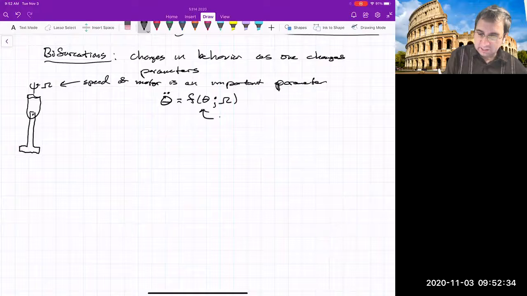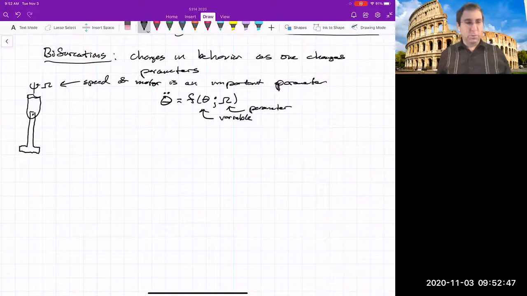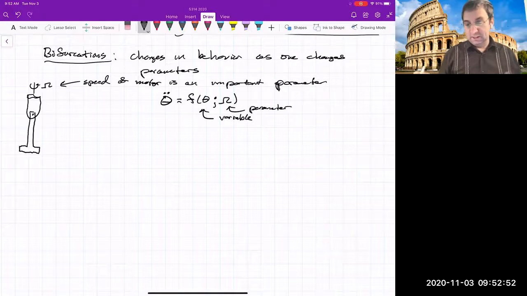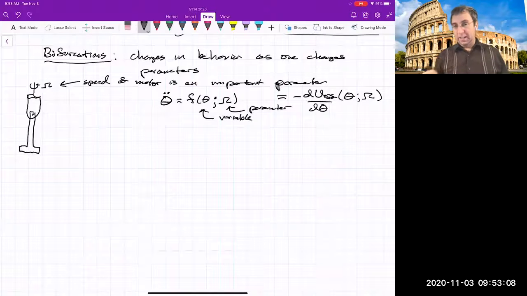It's a function of this variable, something that can change in time, and it's a function of this parameter, omega, which for any given situation we think of as fixed, or maybe we change it slowly. Because in terms of variables it's just a function of theta, not theta dot, we can write this as the negative effective potential as a function of theta, with the parameter omega tacked on.